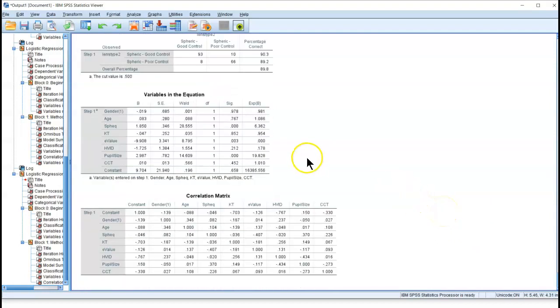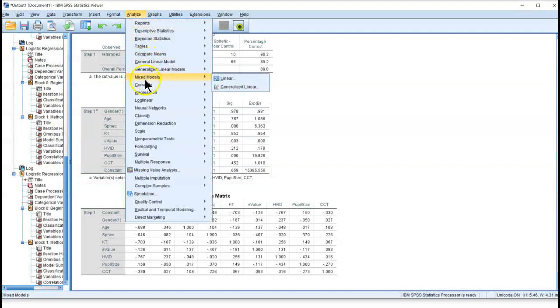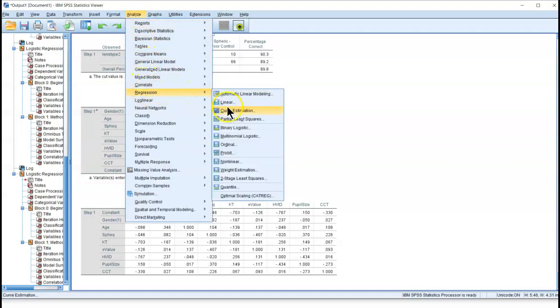All right, that is one way to do multiple regression and multiple logistic regression. I don't know if I'd say it's the best way, but if you're trying to predict how kids are going to do in 5 years, you might try another alternative, and that is stepwise logistic regression.